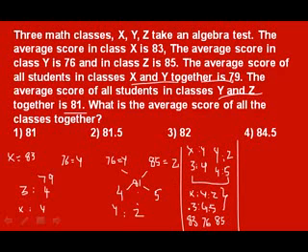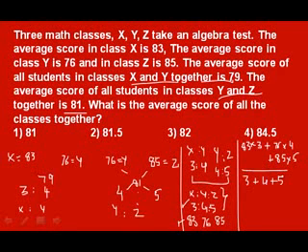The ratios I have and the averages I have, so just apply the weighted average formula, and I can see that it's 83 times 3 plus 76 times 4 plus 85 times 5 by 3 plus 4 plus 5.